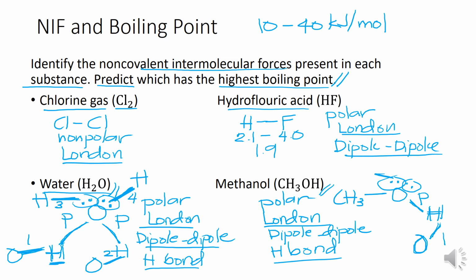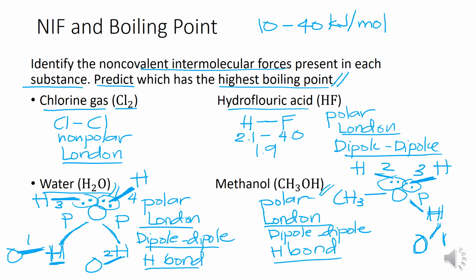Each of these lone electron pairs can in turn bond with a hydrogen atom from another molecule. So again, we have one hydrogen bond, then two and three.